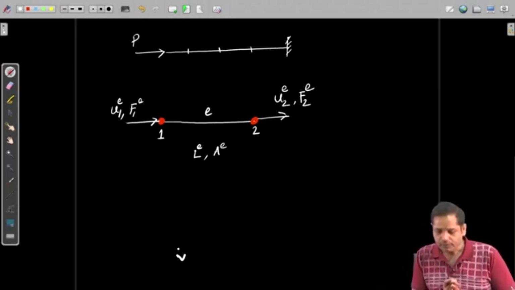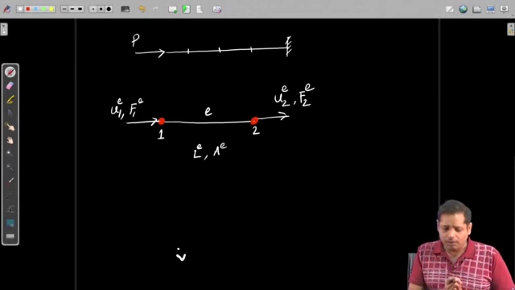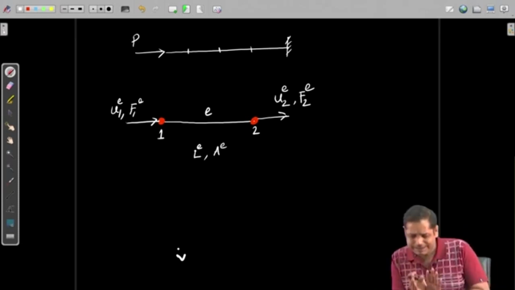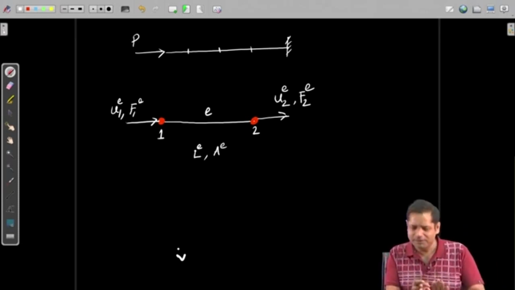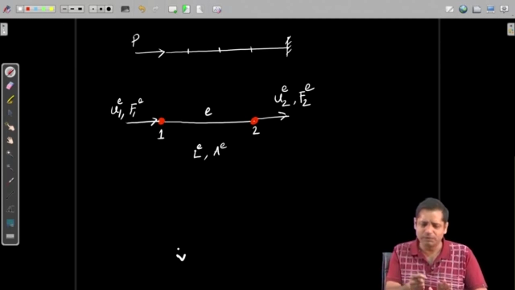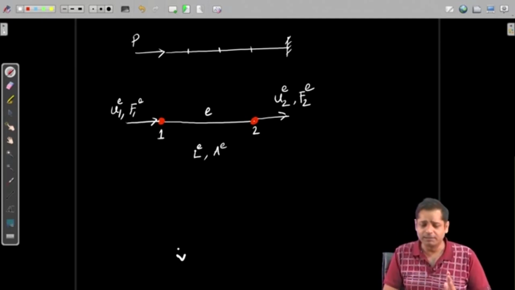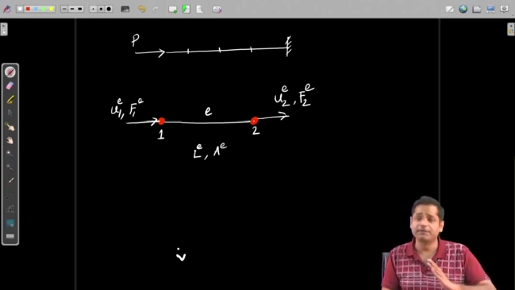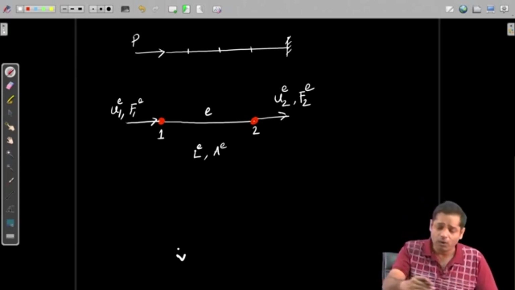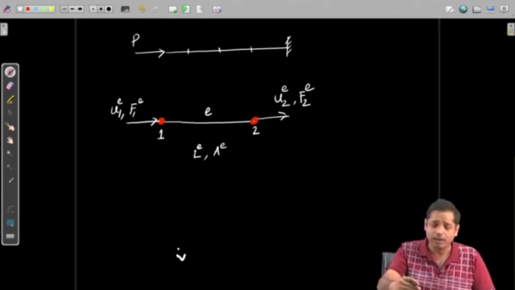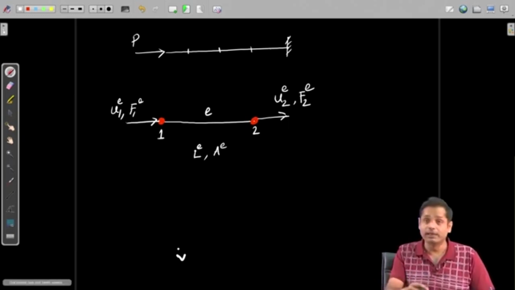Now, just in this context it is of relevance to mention, suppose it is not an actual bar, it is a bar but oriented in a different way. Suppose the orientation is horizontal, and we know the deformation is always along the axial direction, therefore we have only U1 and U2 along the length of the element.